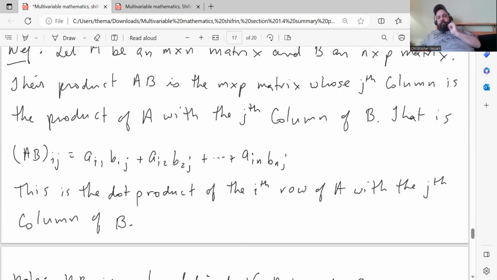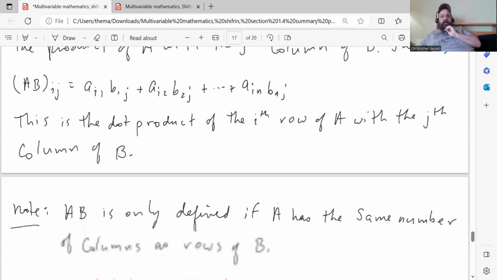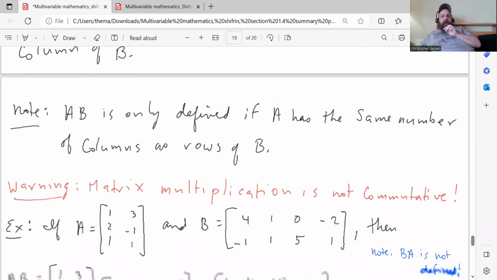He's just saying what I just said. This is the dot product of the ith row of A with the jth column of B. Note that AB is only defined if A has the same number of columns as B has rows, otherwise you can't do the matrix multiplication.